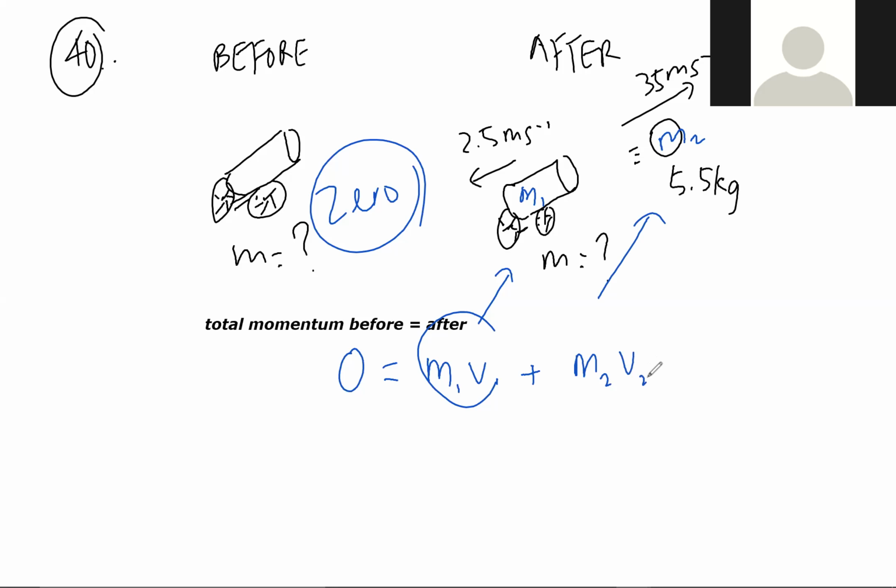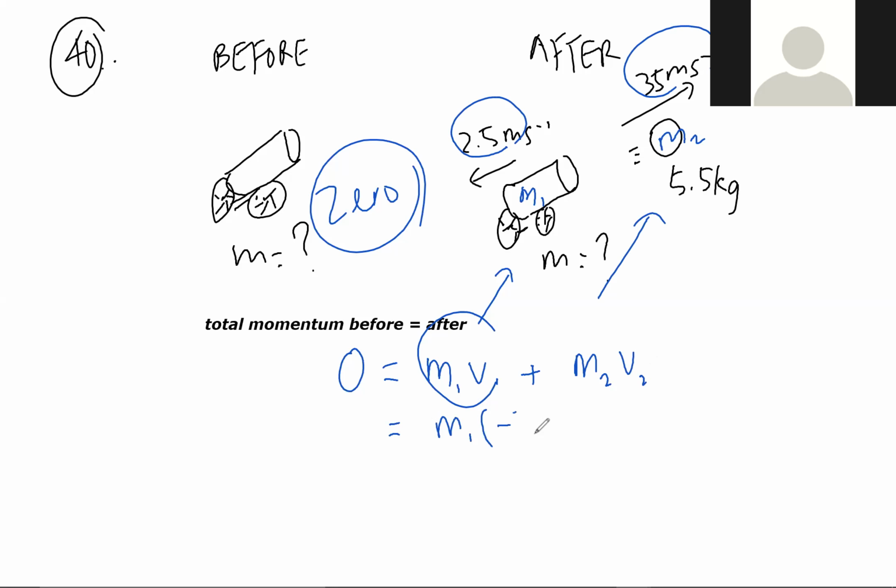This is how you write the formula, right? So it's almost similar to question 38, the gunfire. Also, total momentum before is 0, right? So equals the mass I want to find, I don't know. So V, I take negative because this V is a different direction from this V. So always take right as positive and always take left as negative.